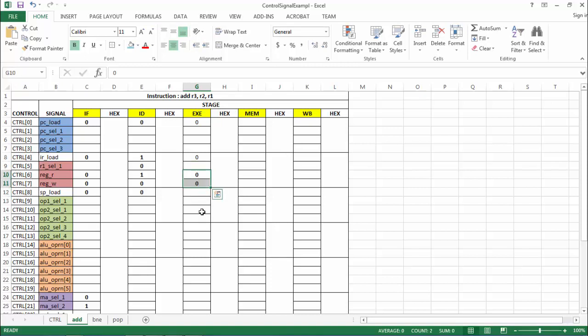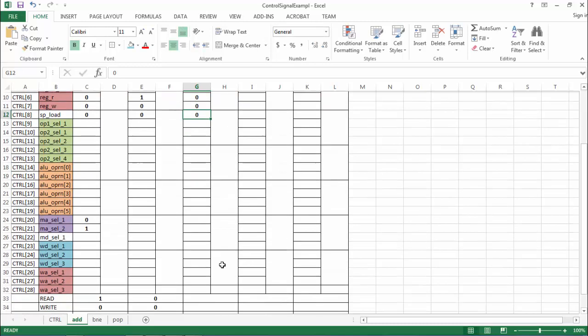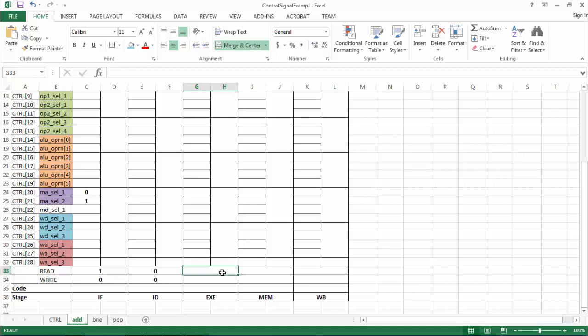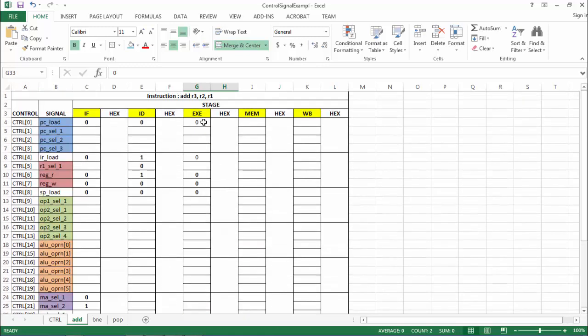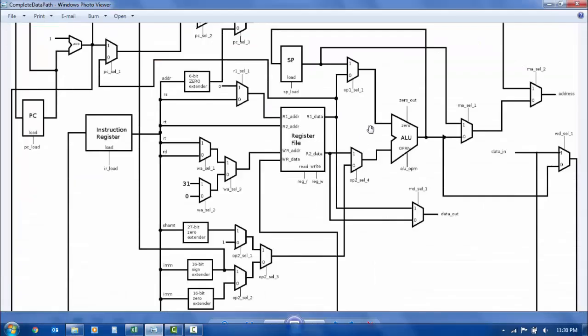Okay, and SP load as hold, that's important, and also memory controls as a hold. Now at this point we need to make sure the ALU is getting the correct set of inputs, which need to be from R1 and R2, these two selections.